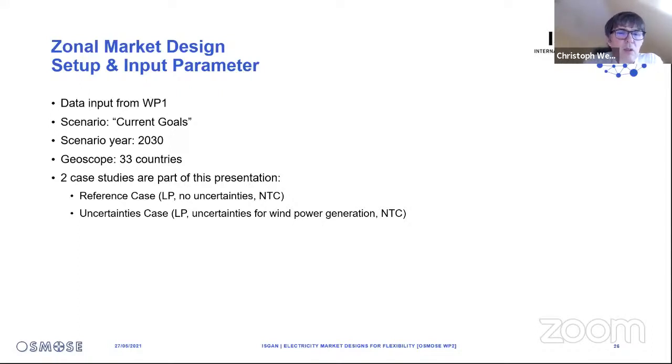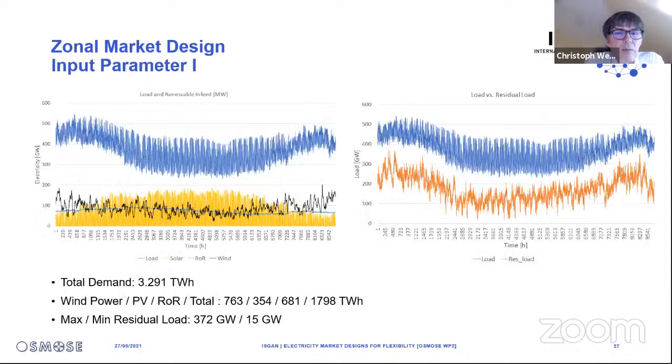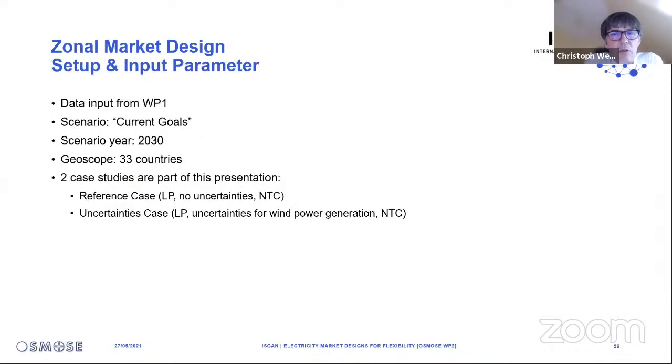Here we focus on forecast errors for wind power generation. For more details on both the input and the first results, I hand over to Florian Boehnke, who has been the main investigator on our side so far.